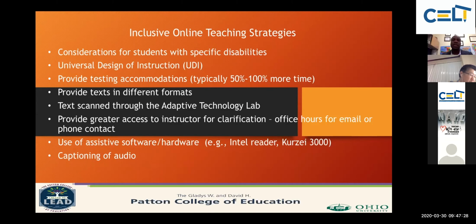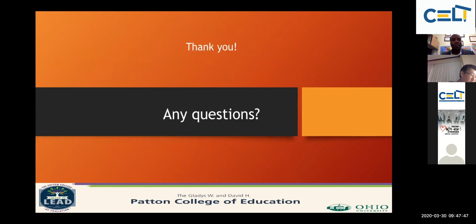That's software that can transform text into speech, or speech into text, depending on the type of disability. Some programs allow for captioning of audio, so that if a student cannot see, for example, but can hear, they can access the text.